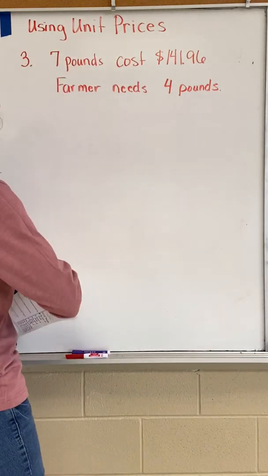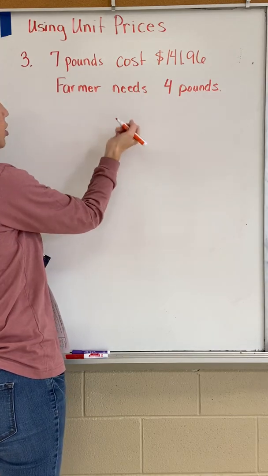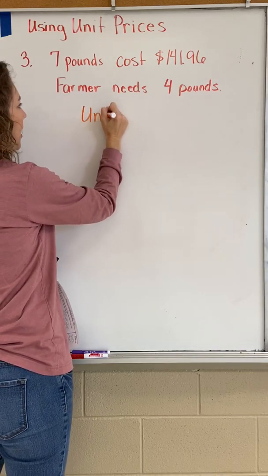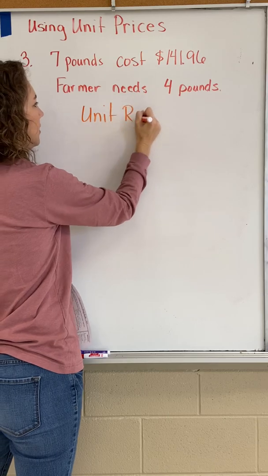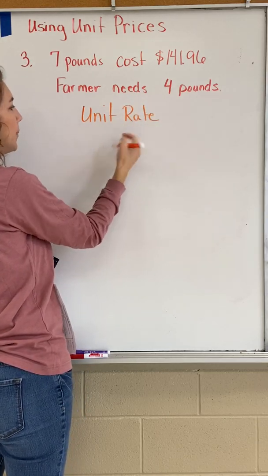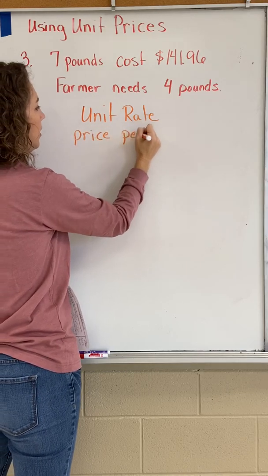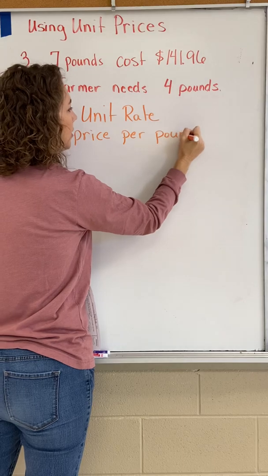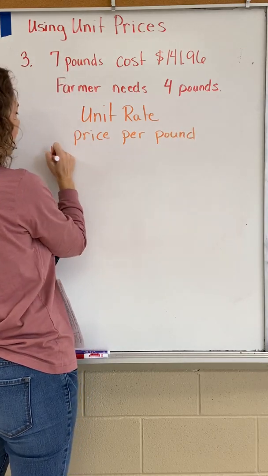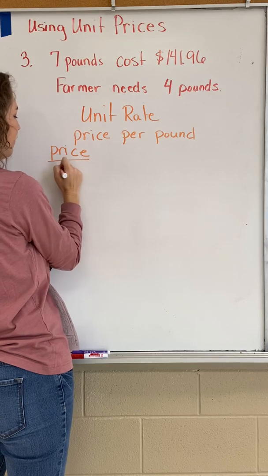So we're going to do the same thing to find the unit rate. How much is 1? We're going to do price per pound, which is a ratio of price compared to the number of pounds.